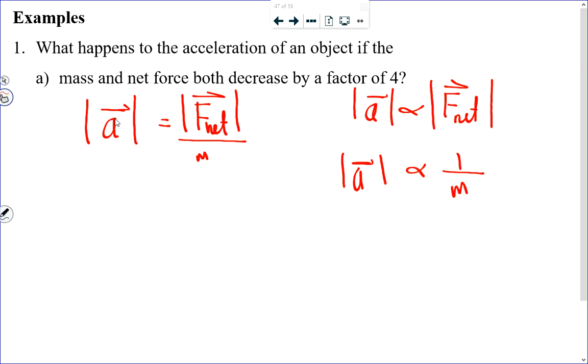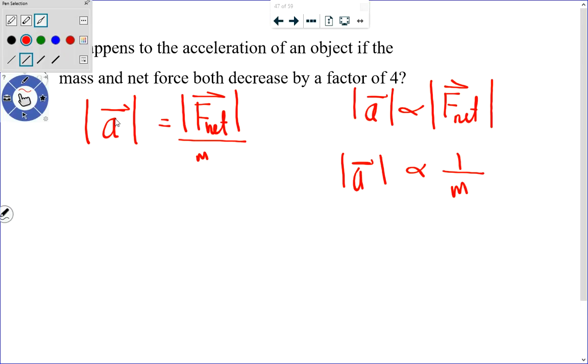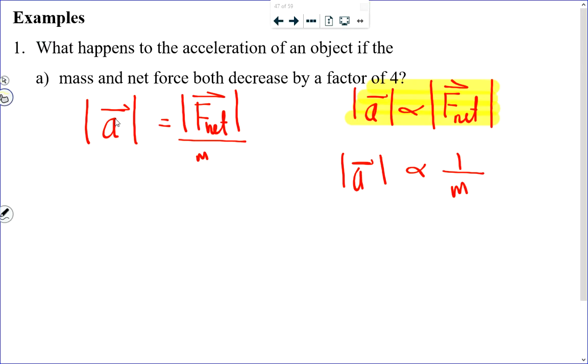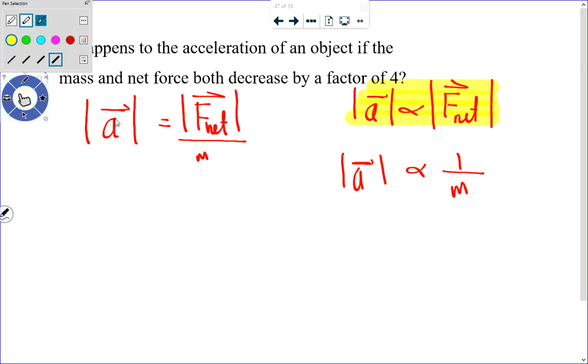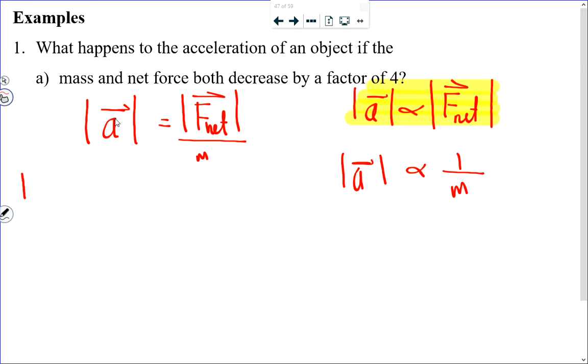What this first statement says, the one that I'm going to highlight in yellow, is whatever change occurs to the force, the acceleration will experience the same change. So if I decrease the force by a factor of 4, and I'd like to write that down so you know exactly what that means, if I take the magnitude of the force and I multiply it by 1/4, what does that do to the acceleration?